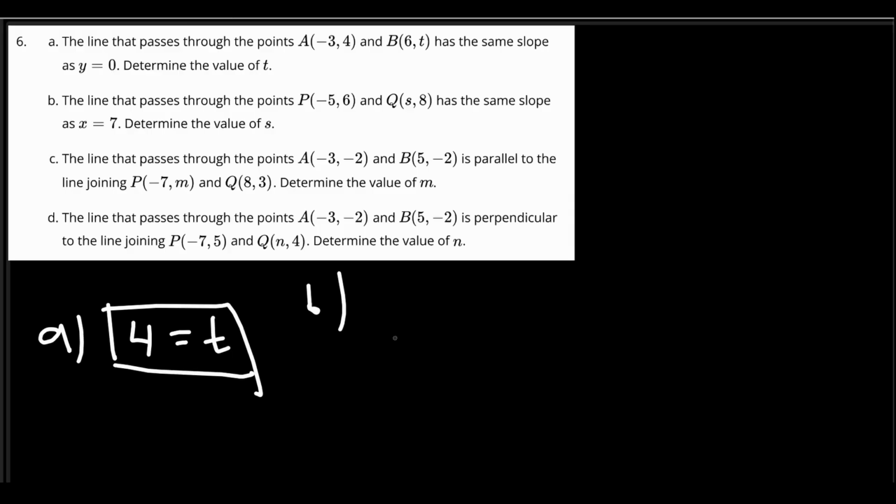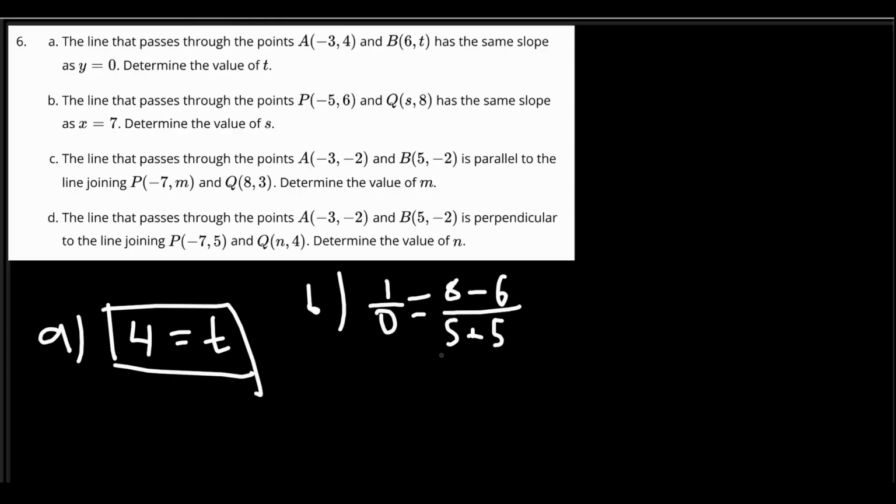So we're just going to plug in 1 over 0 instead, as we did for a bunch of other questions. So 1 over 0 is equal to 8, that's our y2, minus 6 over s minus negative 5, which is just plus 5.